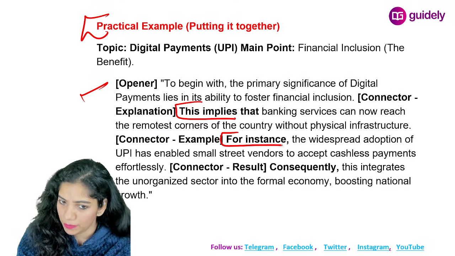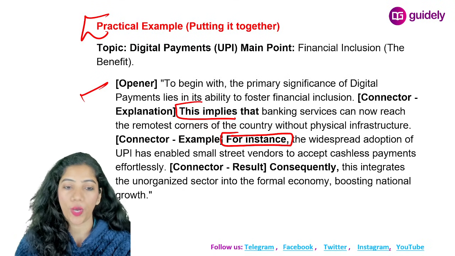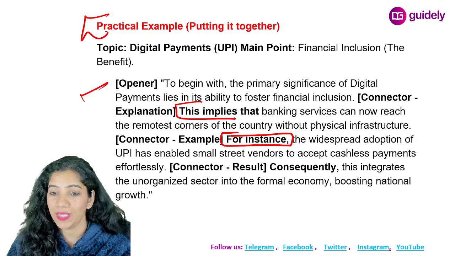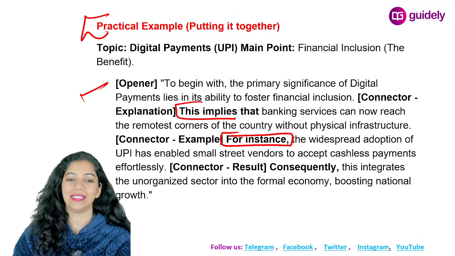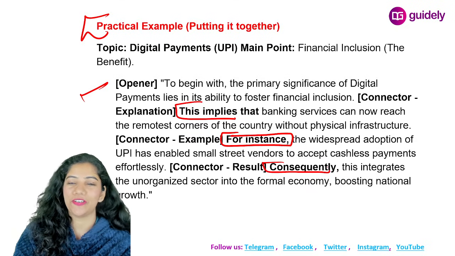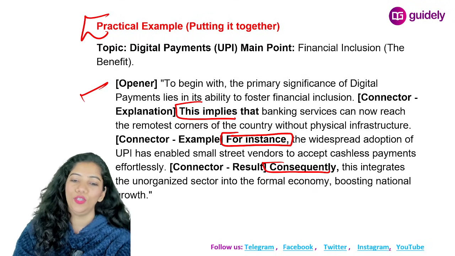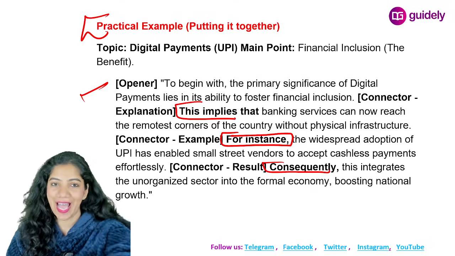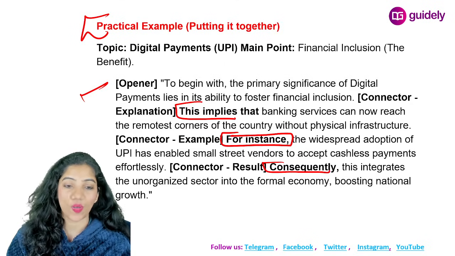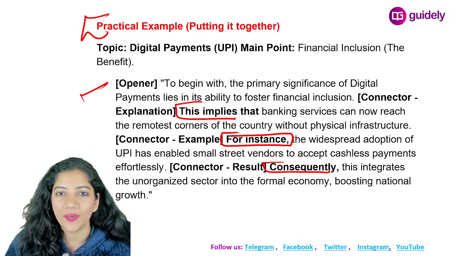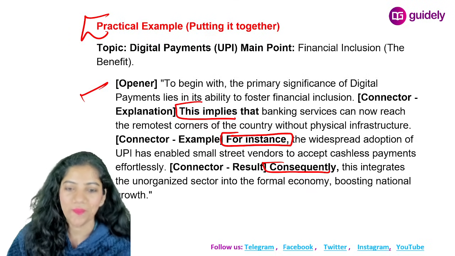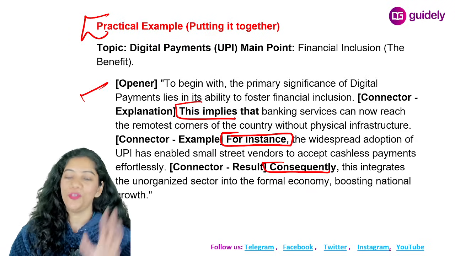Then connector, for example, for instance, the widespread adoption of UPI has enabled small street vendors to accept cashless payments effortlessly. And then again, one connector because I'm going to show the result. Consequently, this integrates the unorganized sector into the formal economy, boosting national growth. Can you see how beautiful this paragraph is organized? Well connected. All the thoughts are well connected to one another. Can you see that point here? So this is how you need to build your paragraph.